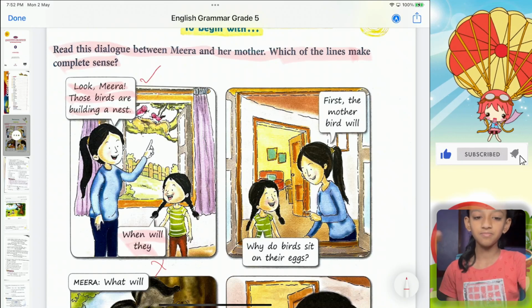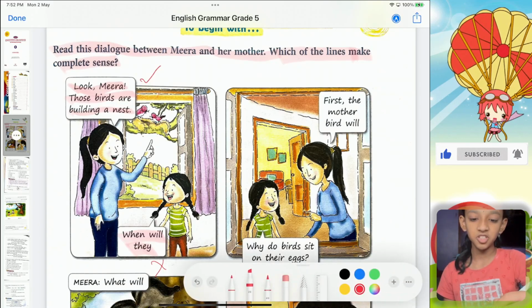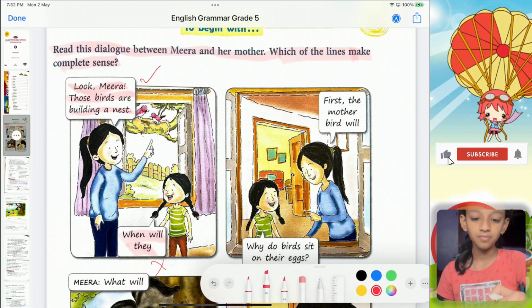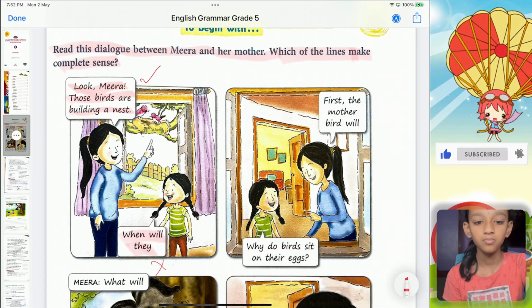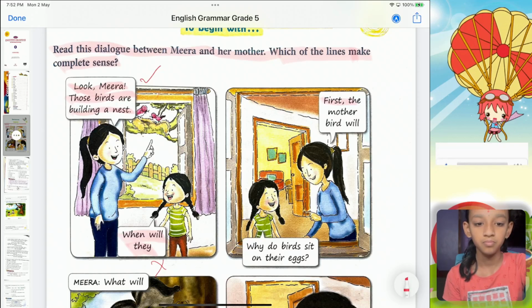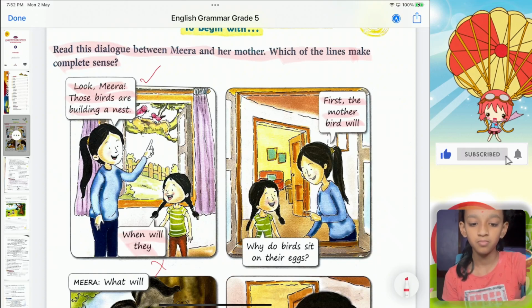Now you can again select the highlighter. Okay, so the next picture. Here the mother is saying, first the mother bird will, and Meera is saying, why do birds sit on their eggs?